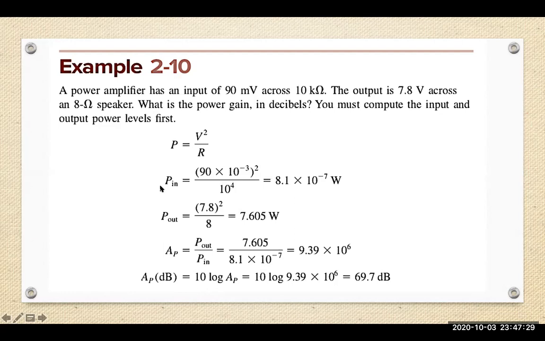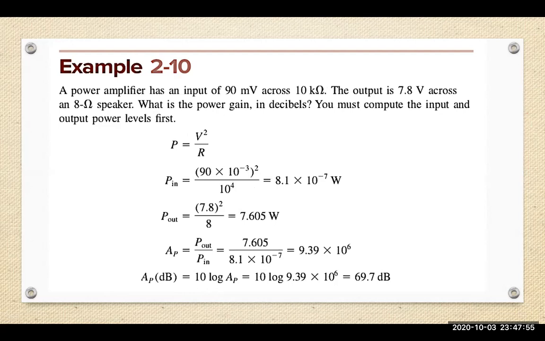So to solve for the power, you have the given input, which is 90 times 10 raised to minus 3. You square that input voltage, and then divide that by the resistance, which here is 10 kilo ohms for this particular input, so 10,000.